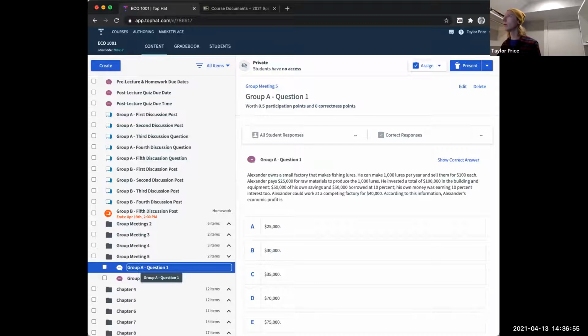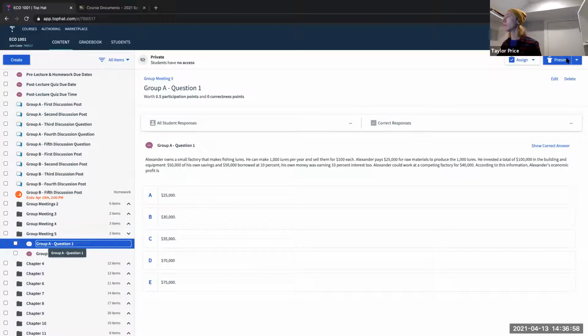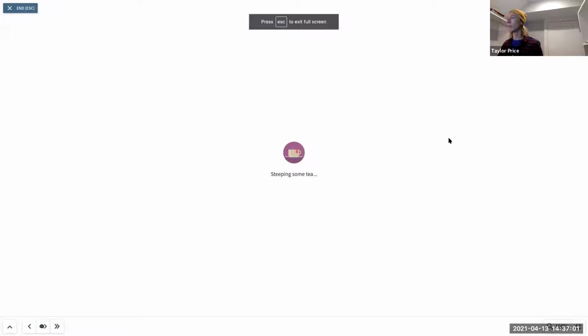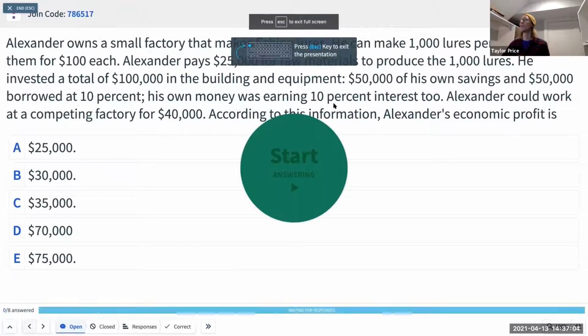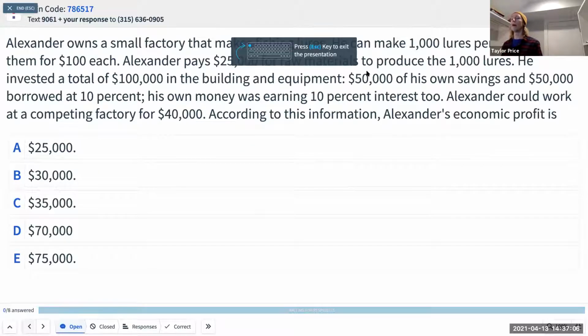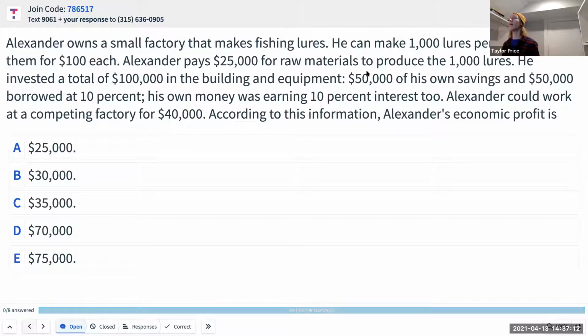Okay, so let me present this. If you all want to walk through this question and see if you can calculate Alexander's economic profit, definitely make sure to think through all of the costs, because a lot of times there are things in these questions where they give you extra information.